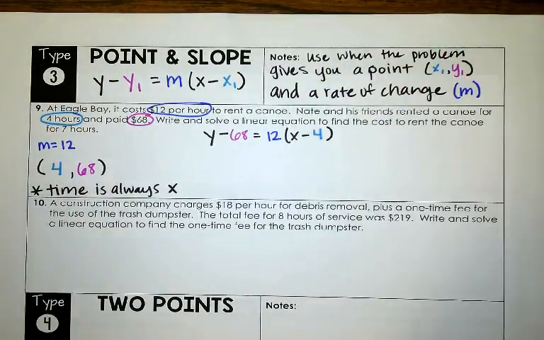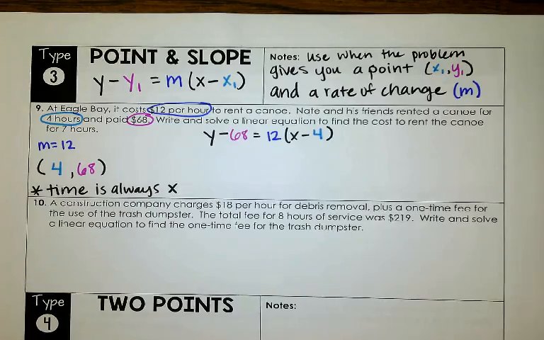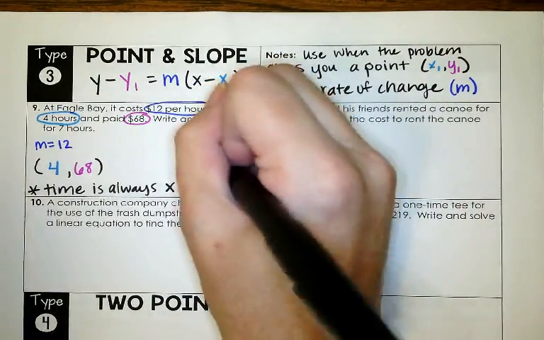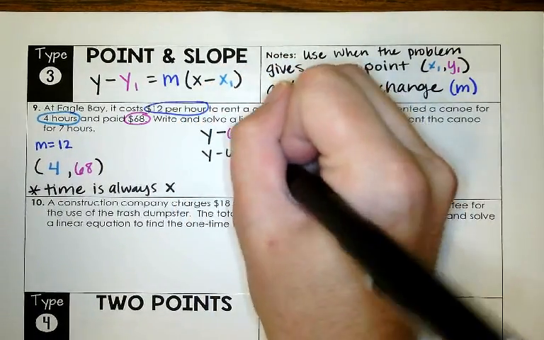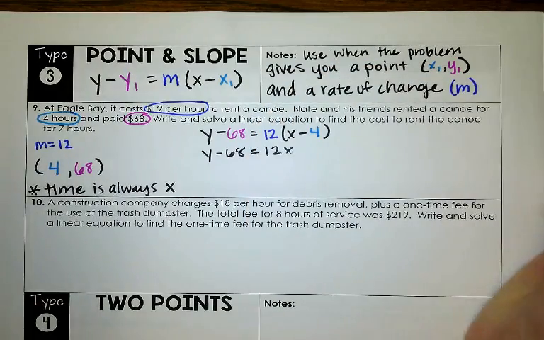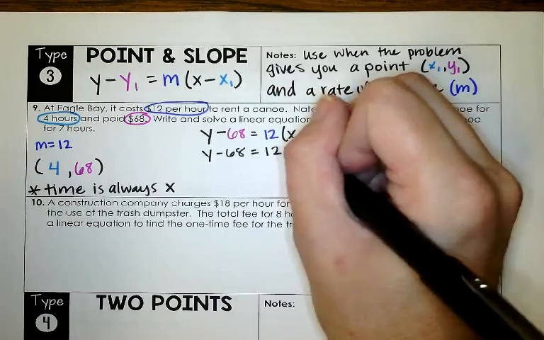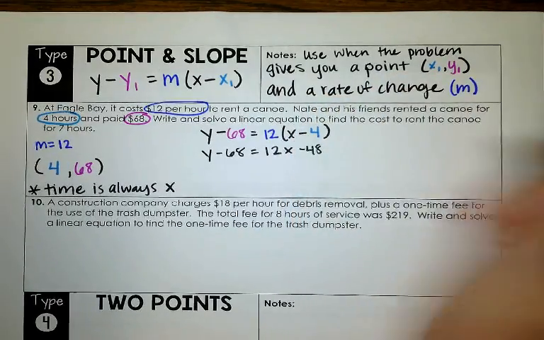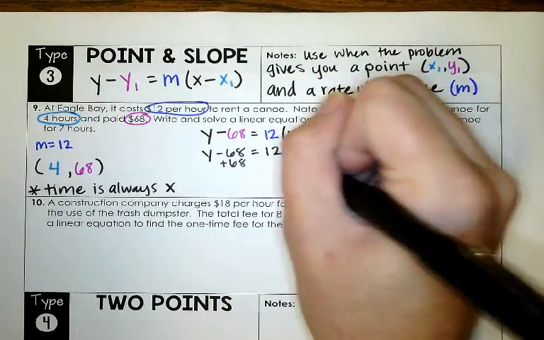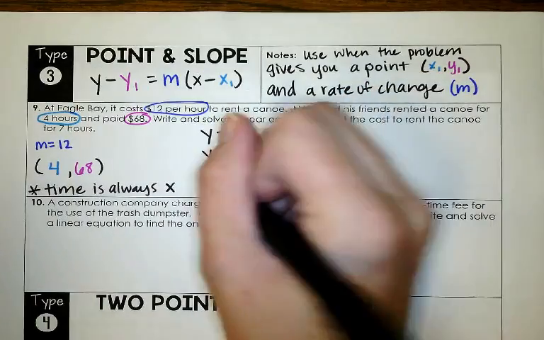So we can write a slope-intercept equation from this right here. Okay? Then we're going to solve it to put it into slope-intercept form. So 12 times x is 12x minus 48. So then we are going to add 68 to both sides, and we get y is equal to 12x plus 20.